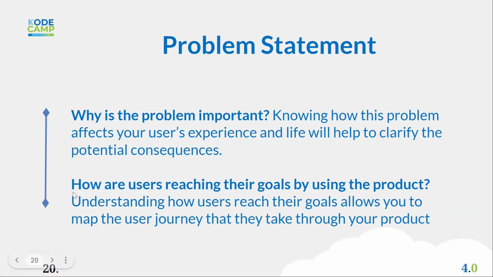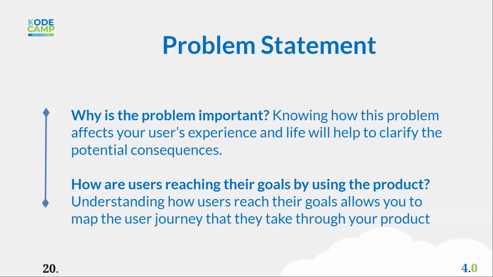Then you have why. Why is the problem important? Knowing how this problem affects users' experience and life will help to clarify the potential consequences. Then you have the how. How are users reaching their goal by using this product?